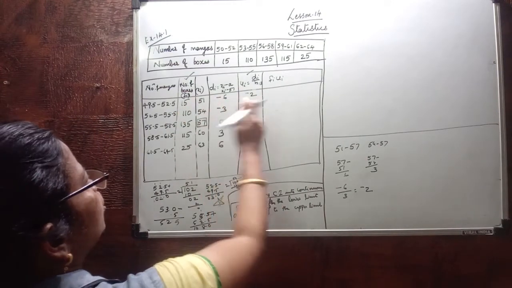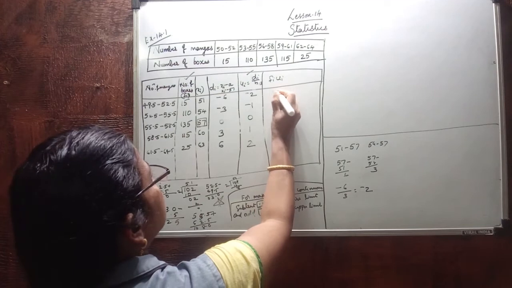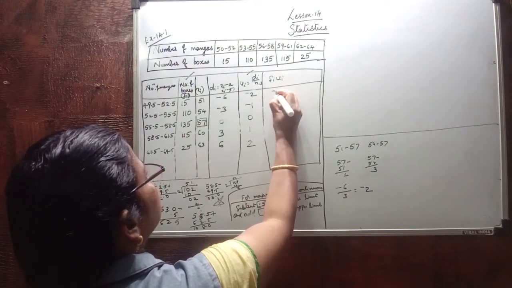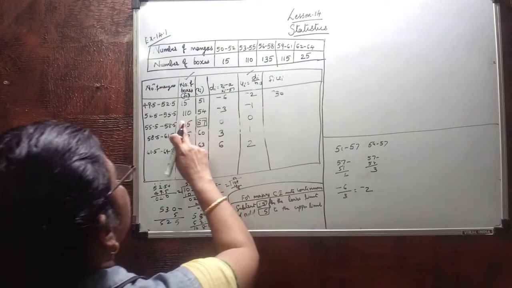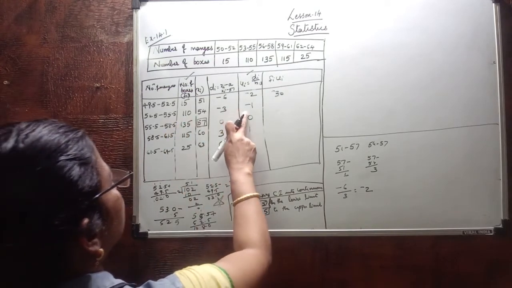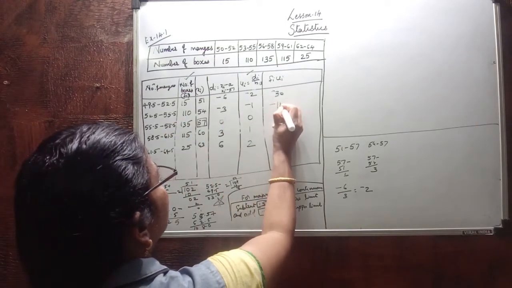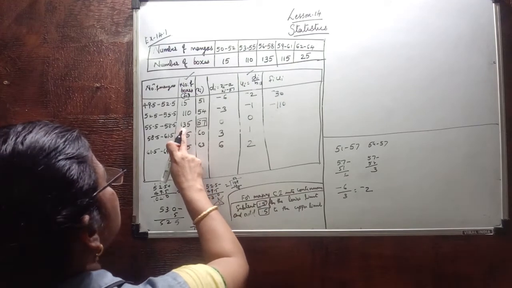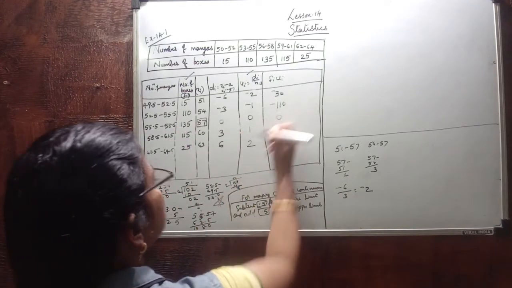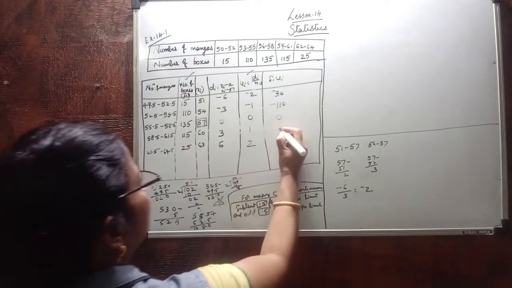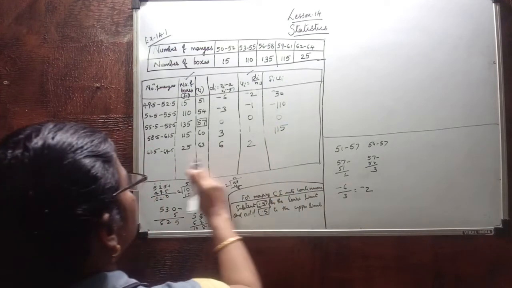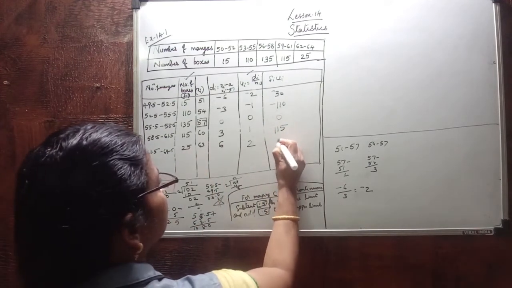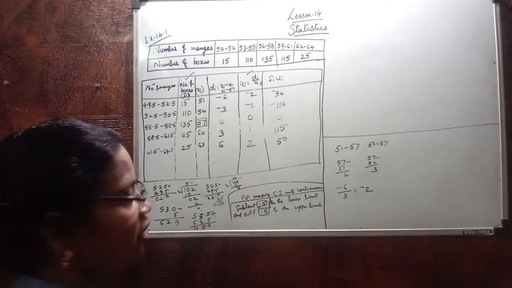So 15 into negative 2 will be negative 30. Then 110 into negative 1 you get negative 110. 0 into 135 is also 0. 115 into 1, 115. Then 25 into 2 is 50. Multiply it and find out.